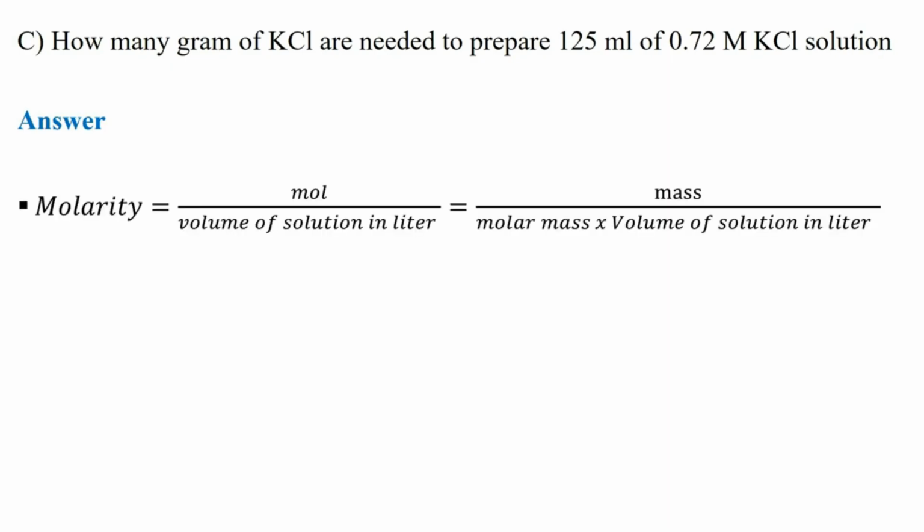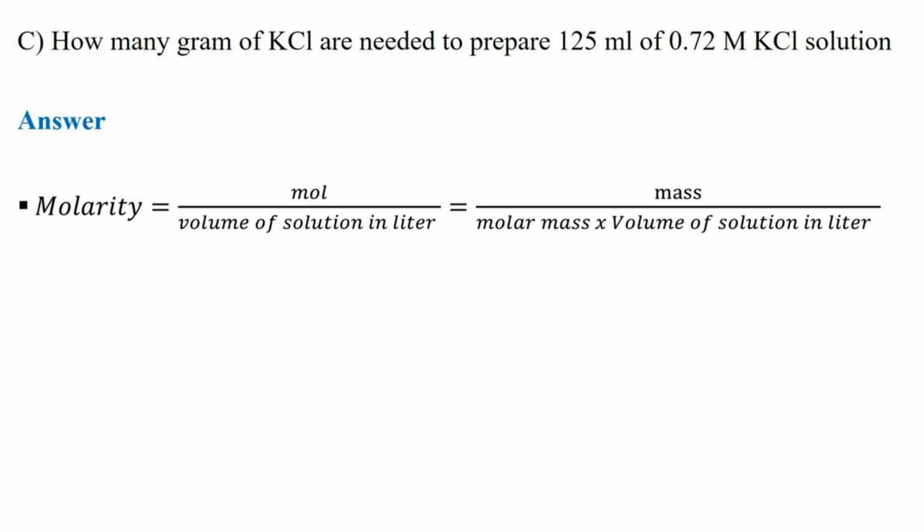For this one, we need to check on the formula and rearrange the terms so that you can find how to calculate the mass. We know that the molarity is equal to the moles of solid divided by volume of solution in liter. Replacing the formula for the moles, we know that moles is equal to the mass divided by the molar mass.